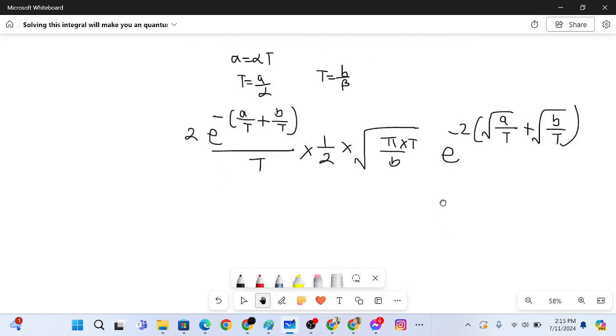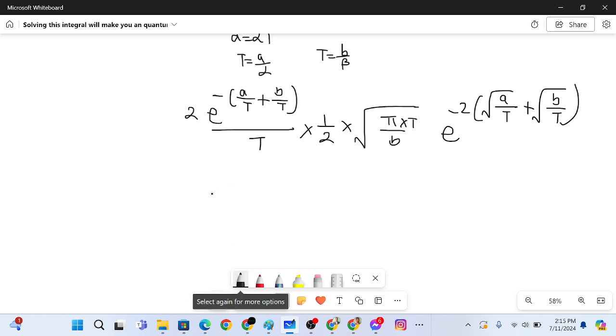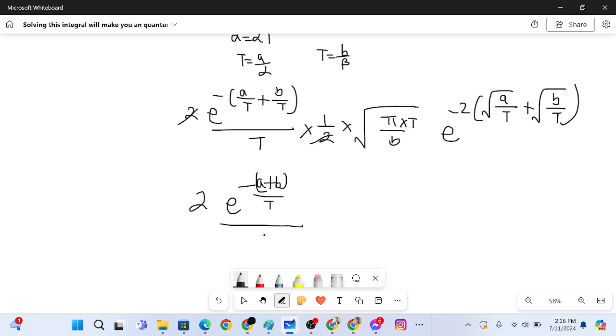Now after this, we have 2 times e to the power minus a plus b by t, and then this 2 and 2 cancel out, divided by t. After that, this is just root pi. Since there is root t and there is t, I can cancel this t with the root t and then get pi by b times t.